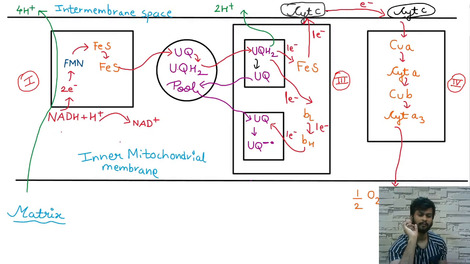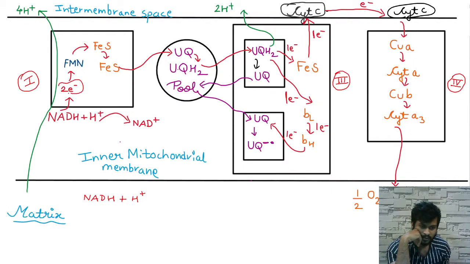NADH molecule will come and bind with complex 1. Then oxidation of the NADH molecule will occur. Oxidation means loss of hydrogen atom and electron. So if there is loss of hydrogen atom, there will be two electrons released.